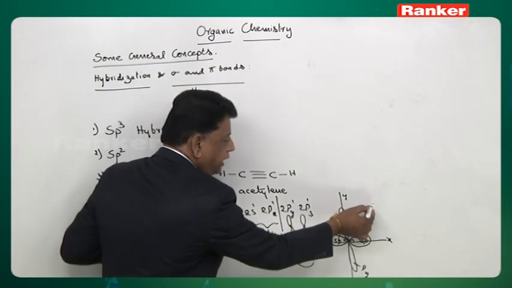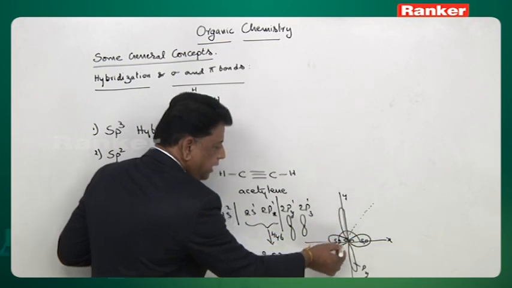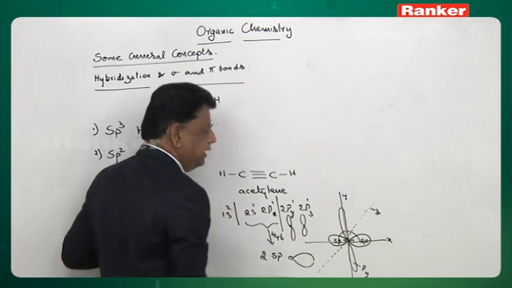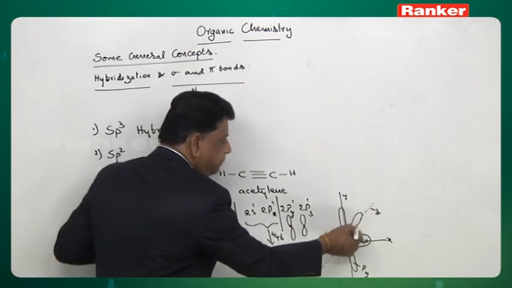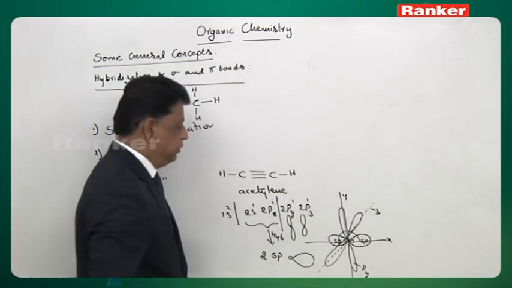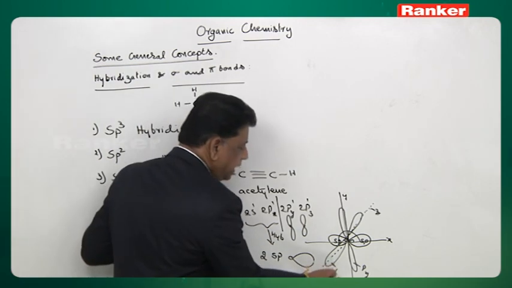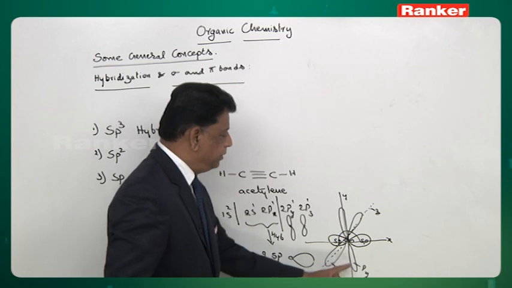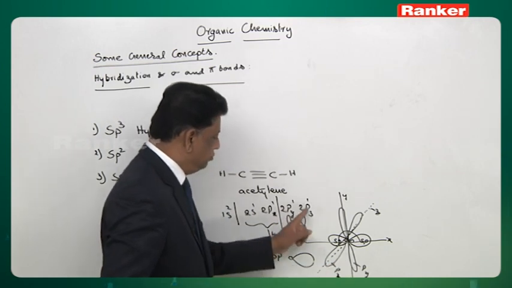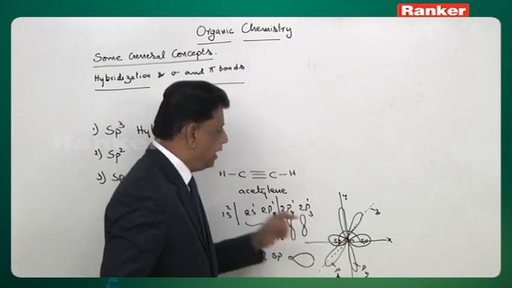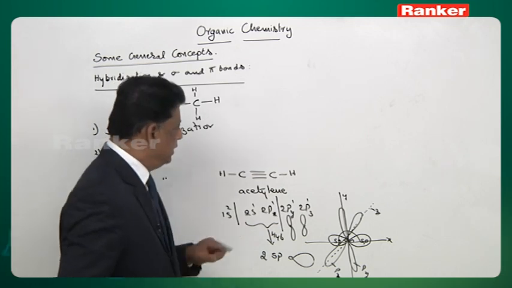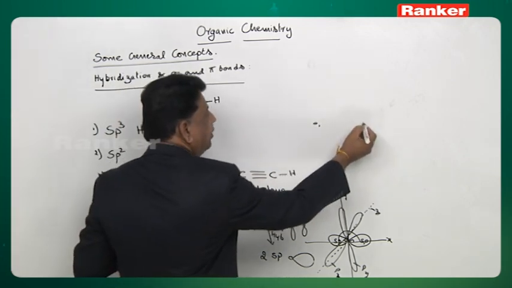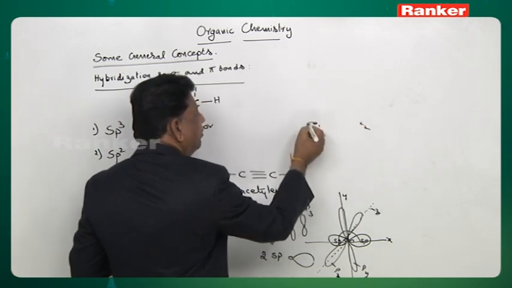So I draw an imaginary line. On that imaginary line, called the z axis, I am writing the pz orbital. So these two are the unhybridized orbitals, py and pz, and these two are the sp hybrid orbitals. Now, to show the bond formation, first show carbon 1 and carbon 2 with a sigma bond formation.